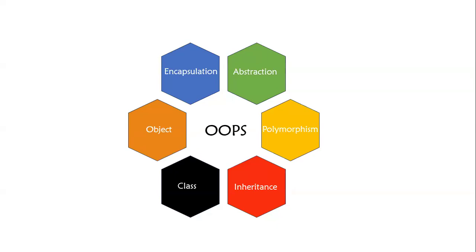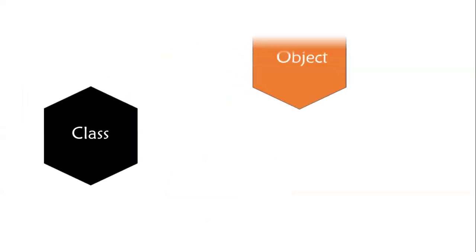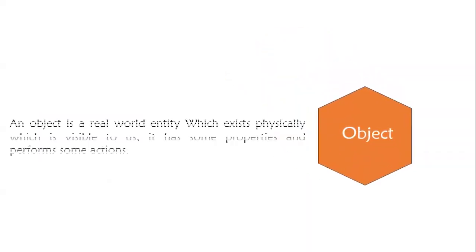So I'll give a quick introduction to what a class is and what an object is. If you understand that, you can write the code. So what is an object here? A real world entity which exists physically.